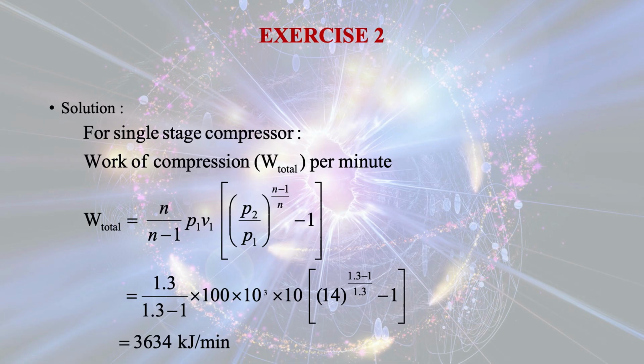The value of n is 1.3, P1 is 100 kilopascal, small v1 is given, and P2 by P1 is 14, so there is no problem in calculating W total. So W total for this particular problem is equal to 3634 kilojoule per minute. This is the process for the single stage compression process.